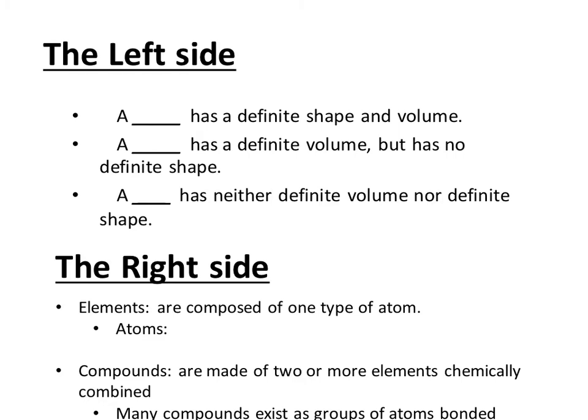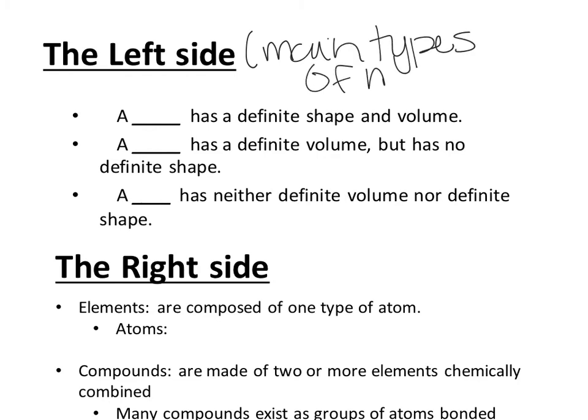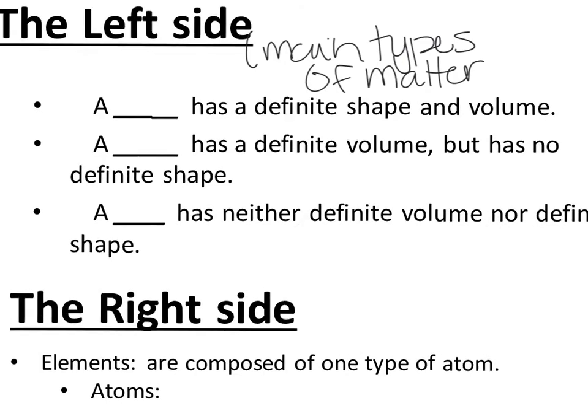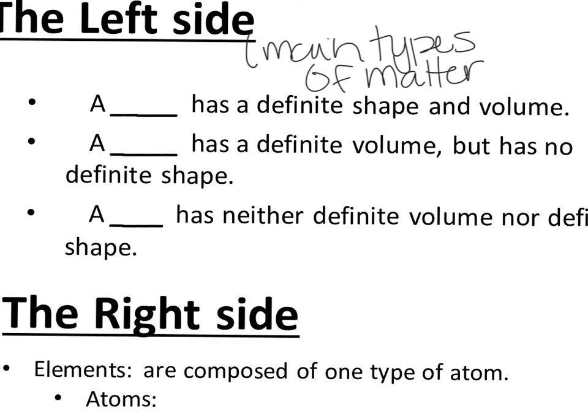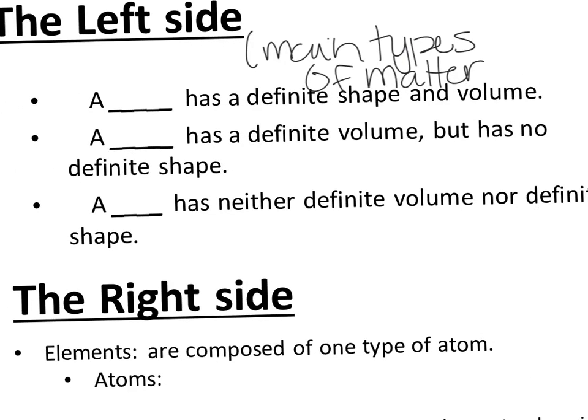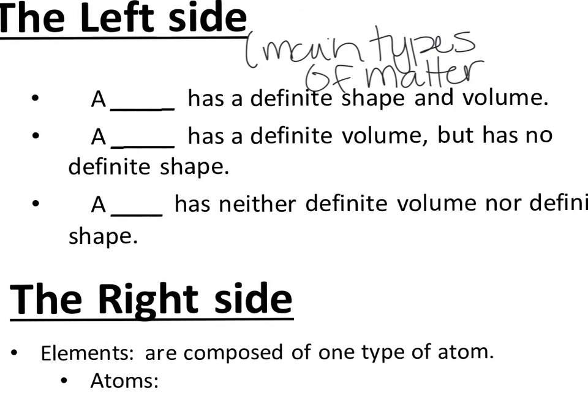We're going to alter the heading up here at the top to say the main types of matter. All matter can be broken down into the following categories. All matter will fit into one of these three, and there's a fourth that we hear about occasionally, but we're not going to touch any of that in this class.